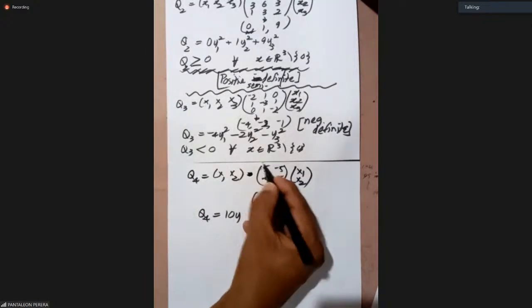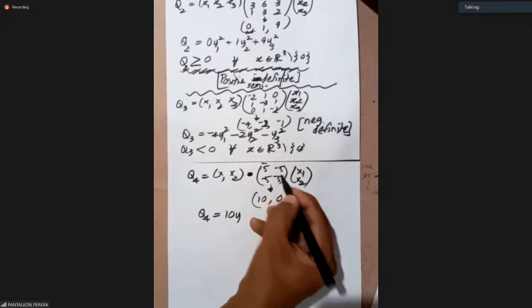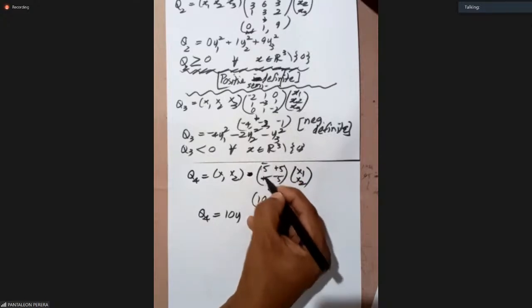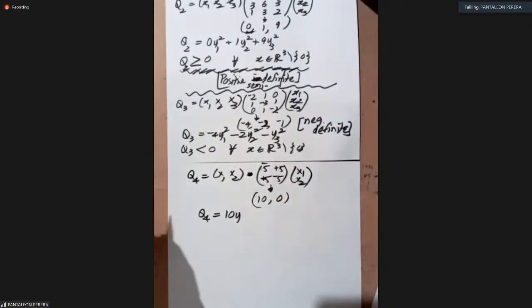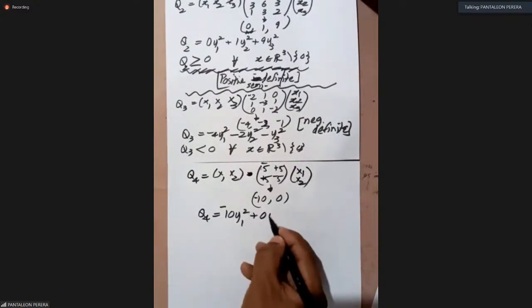The sum is 0. So this minus 5. No. This way: these two are minus, these two are plus. So the sum of the eigenvalues should be negative. Yes. Minus 10, 0. So minus 10 y1 squared plus 0 y2 squared.